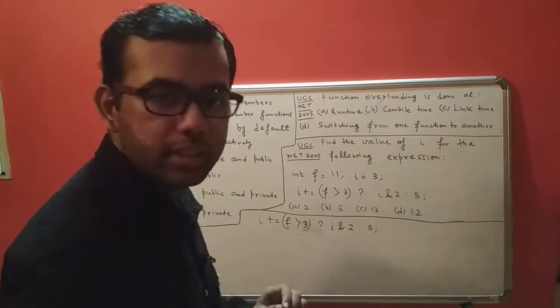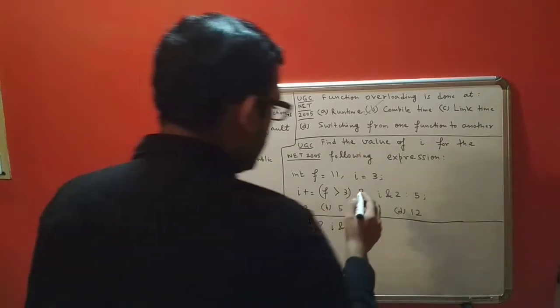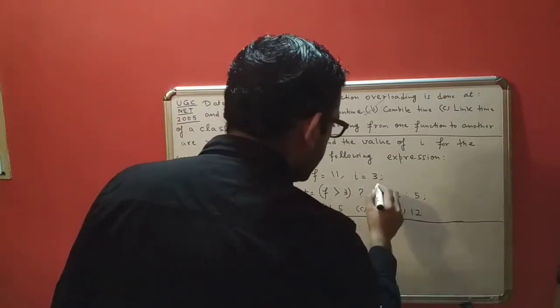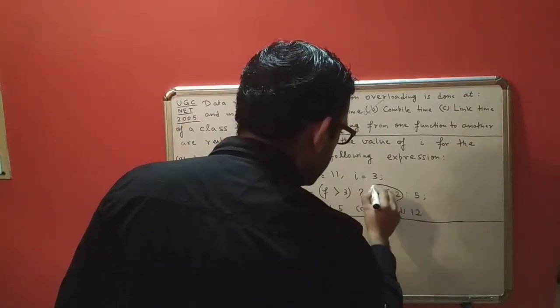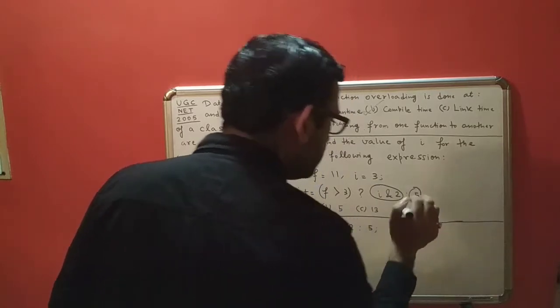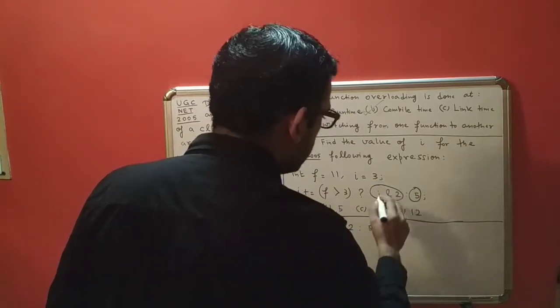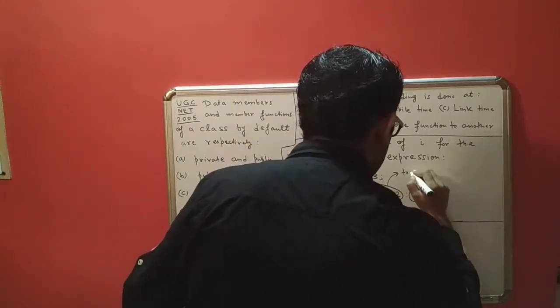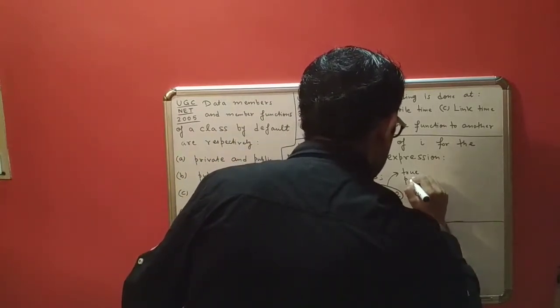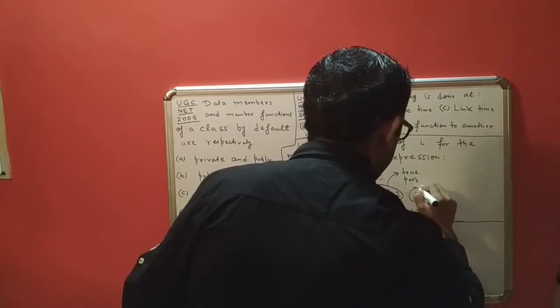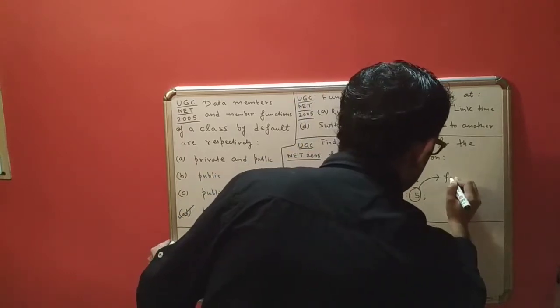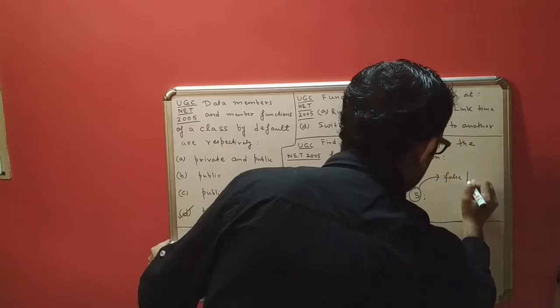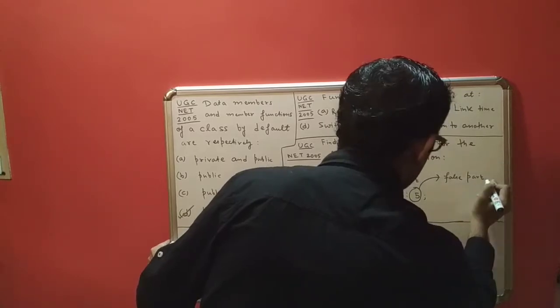Now, one interesting thing that you must note here is that this conditional operator will always have two parts to it, separated by the colon. This part is called the true part, and this part is called the false part.